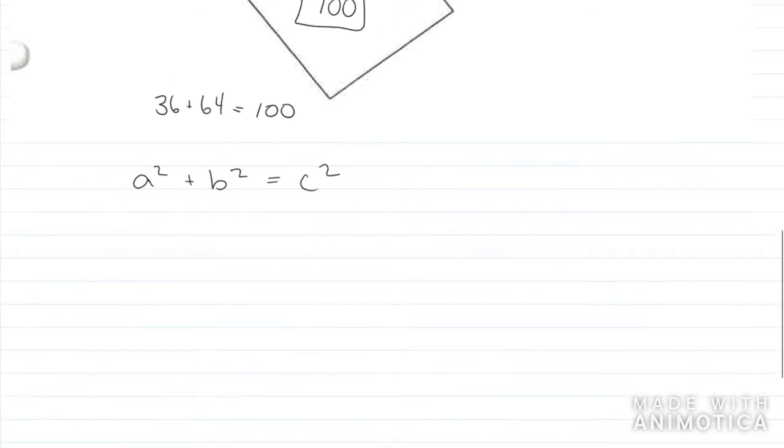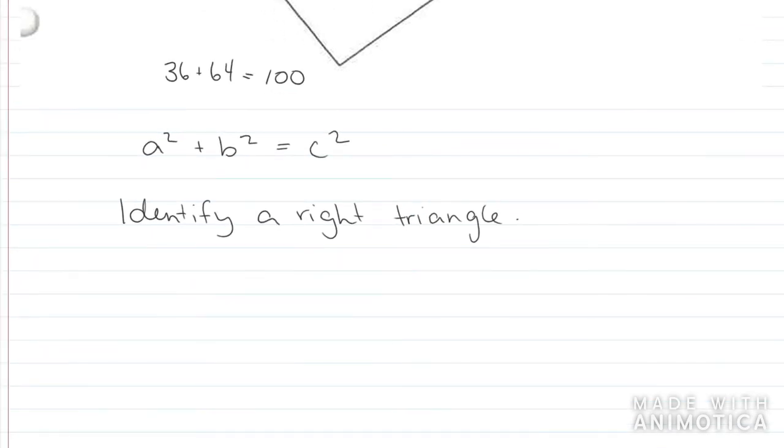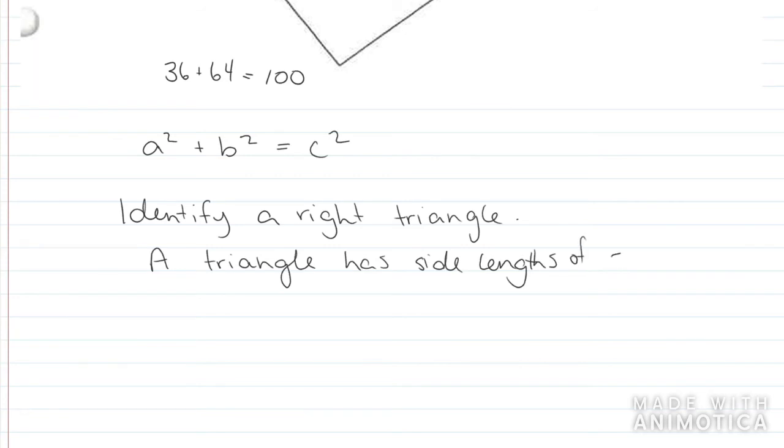Let's identify a right triangle. Say a triangle has the side lengths of 5 centimeters, 7 centimeters, and 9 centimeters.